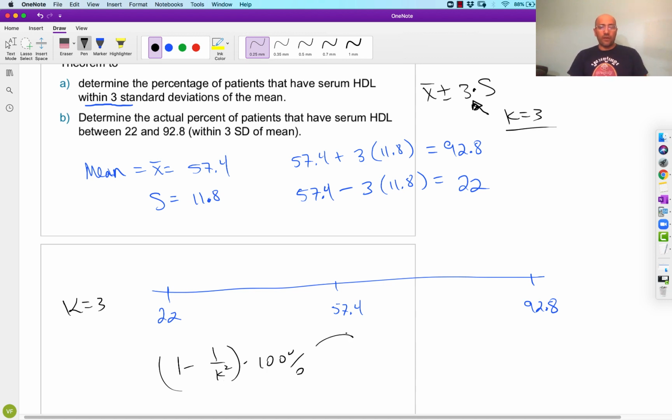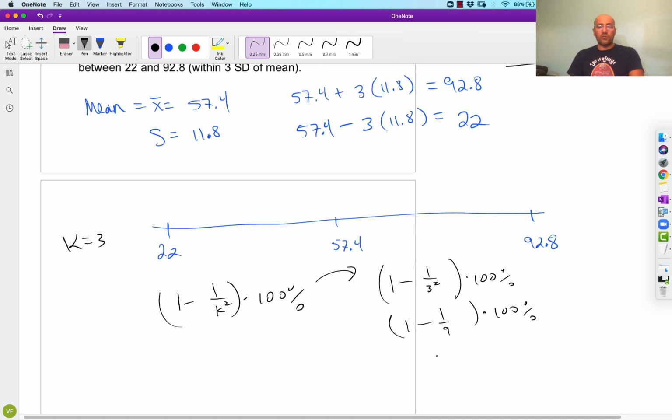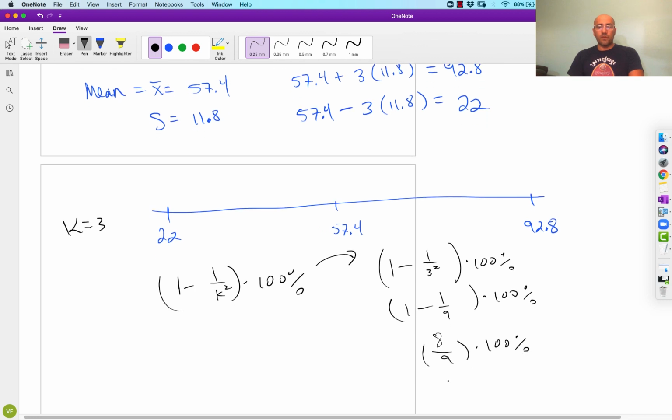Okay, so from there, I'll get that this is 1 minus 1 over 3 squared times 100%, which is going to be 1 minus 1/9 times 100%, which is then equal to 8/9 times 100%, which is then going to be 88.88%.